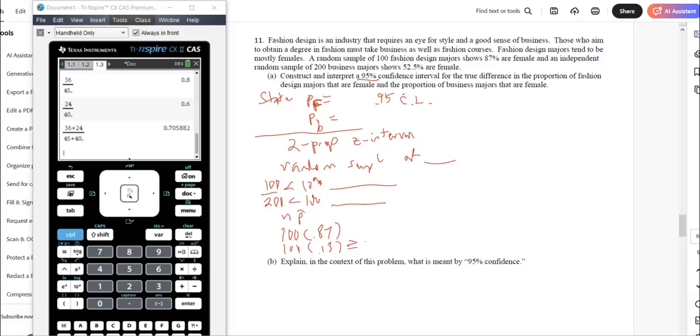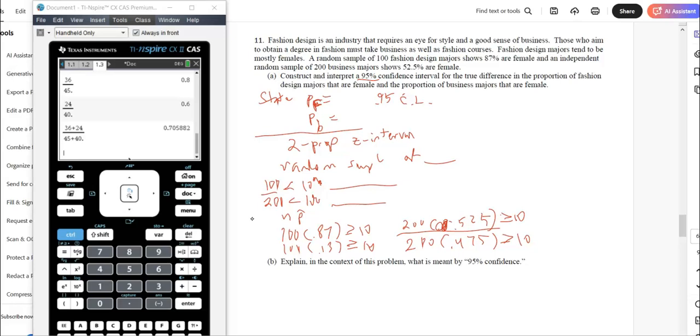Those have to be greater than or equal to 10. 87 and 13 are both that. And then 200 times 0.525 and 200 times 0.475. Those are both greater than or equal to 10.